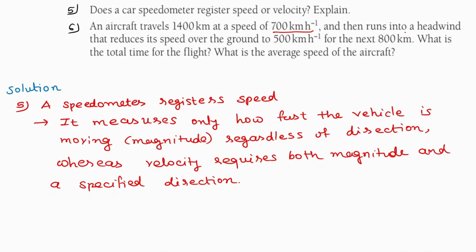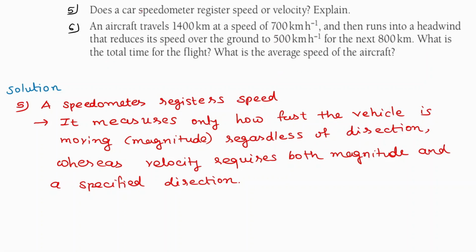Then it runs into a headwind that reduces its speed over the ground to 500 kilometer per hour for the next 800 kilometer. What is the total time for the flight? What is the average speed of the aircraft?